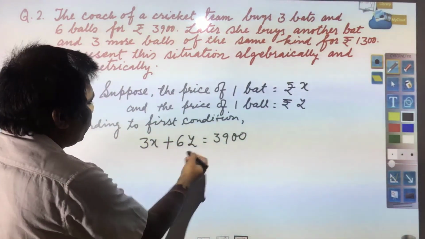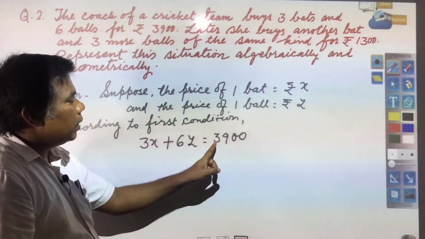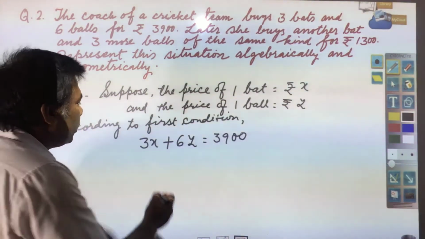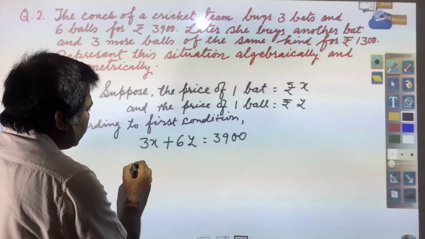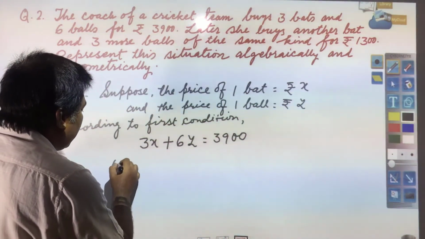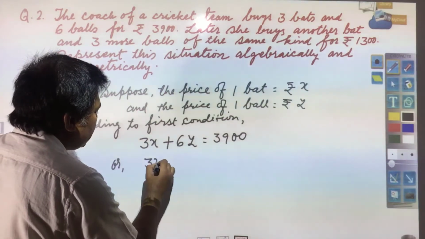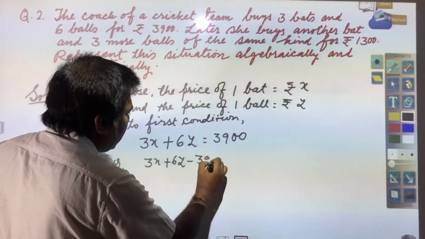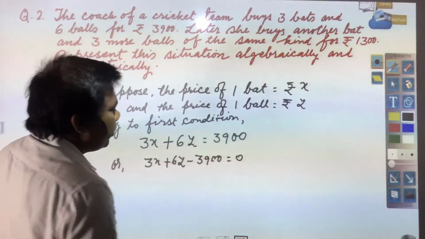Now, what do you need to do? You see 3, 6 and 3,900, and 3 is common. So first write 3x plus 6y minus 3,900 is equal to 0.